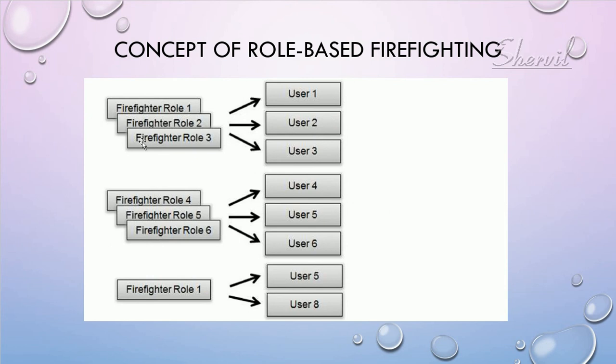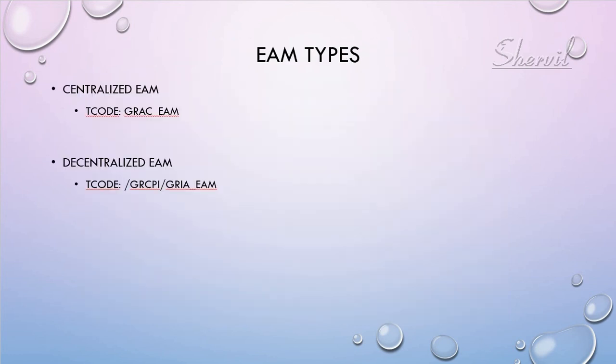You directly assign the firefighter roles to the users. These firefighter roles have elevated access that the users normally don't have as part of their normal access. That's the difference between ID-based and role-based.